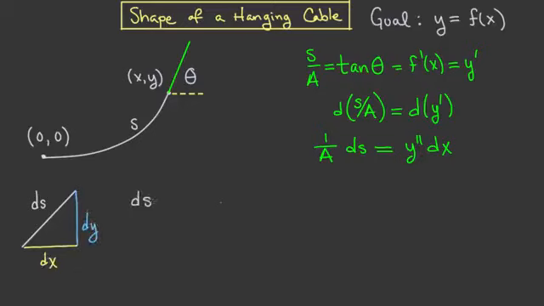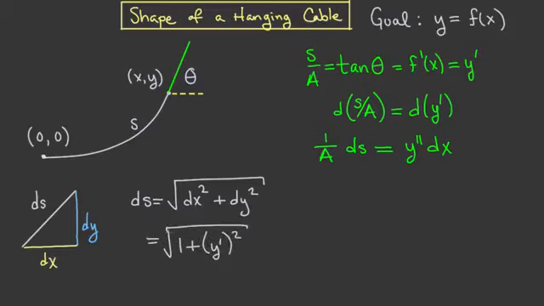So ds is equal to the square root of dx squared plus dy squared. I'm going to write this in a more suggestive way by pulling out a dx from the square root to get that ds is equal to the square root of 1 plus y prime squared, times dx.